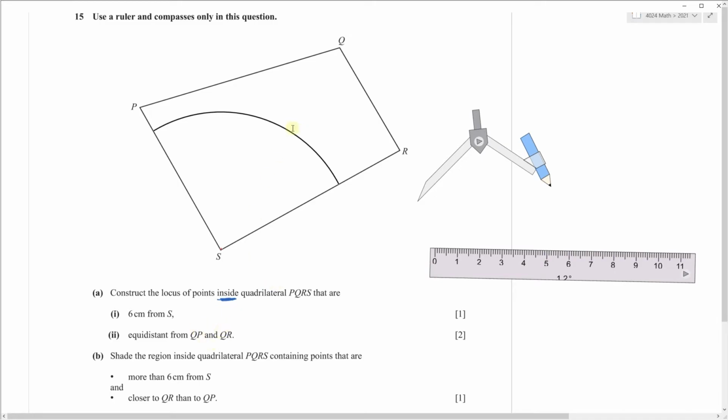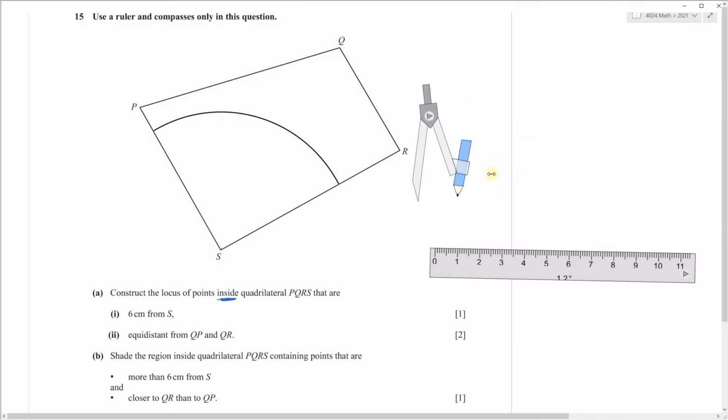For this you will need an angle bisector at the common point between the two lines, which is point Q. The angle bisector of angle PQR will give you the locus of points that are equally distant from line QP and line QR.